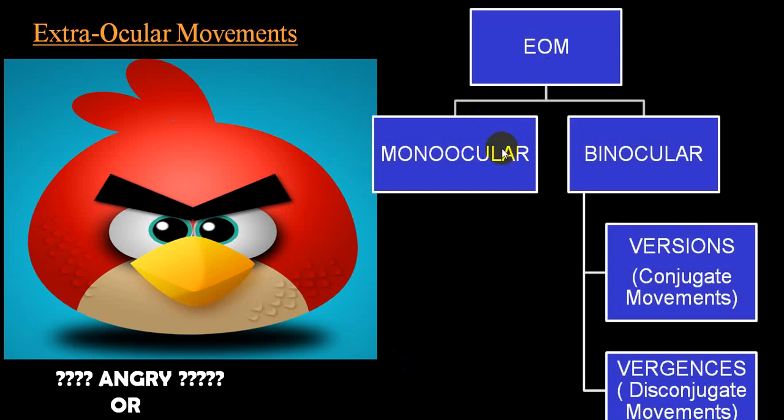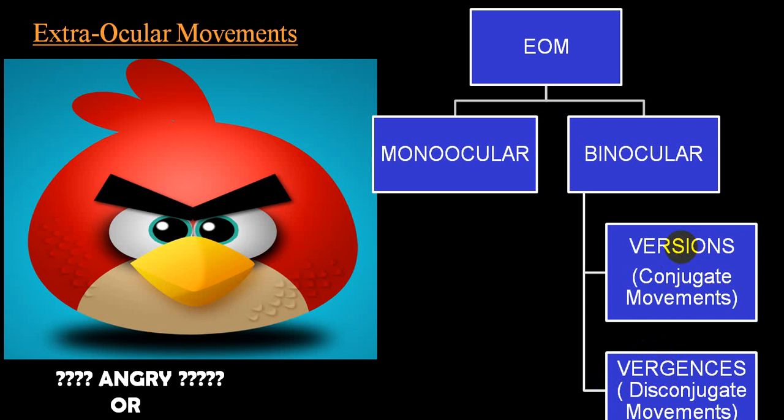It can be monocular or binocular, and when it is binocular, the words utilized are version or vergence. Invergence, convergence, divergence; and as far as version is concerned, conjugated movements are there.